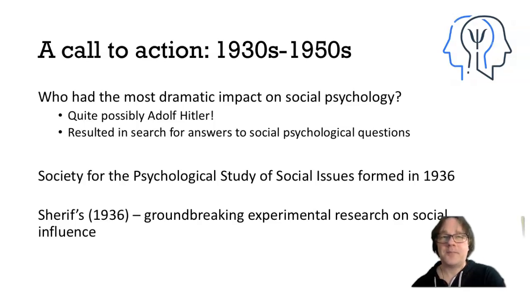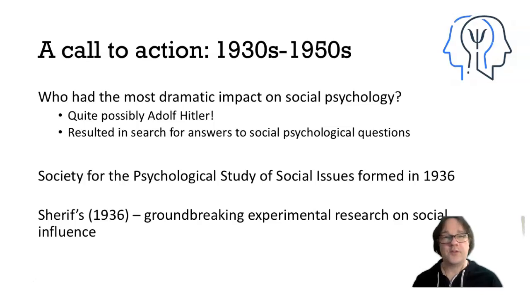They knew that there was something going on, that maybe this was not unique. Maybe this could happen to anybody, right? And we start seeing research on prejudice, research on conformity, research on obedience all come about during this time. It was a really prolific period for social psychology.